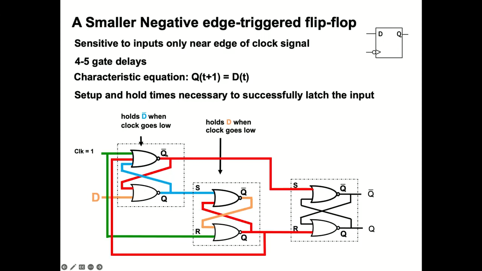Green is 1, red is 0. D could be 0 or 1, either value, but blue is whatever D is not. It's not D. It's the complement of D. And because of the way the logic works, if this is D, then this is not D.